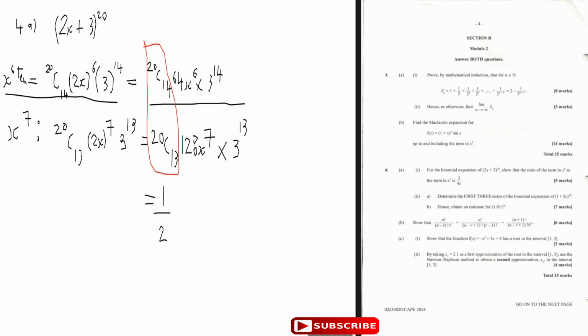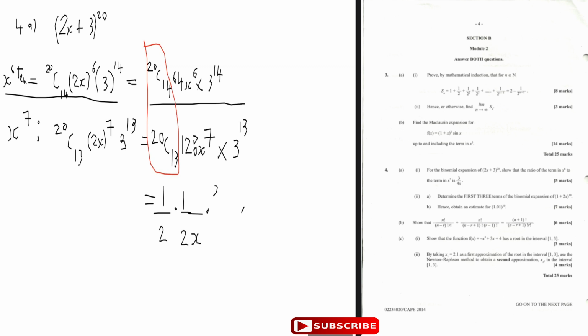And I need to work out 64x to the 6 over 128x to the 7. That part is going to give us a half. 64 over 128 is 1 over 2. Then x to the 6 over x to the 7 is 1 over x, times 3 to the 14 over 3 to the 13 is 3.